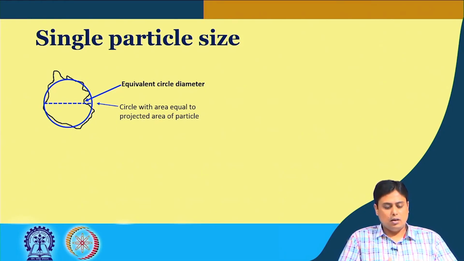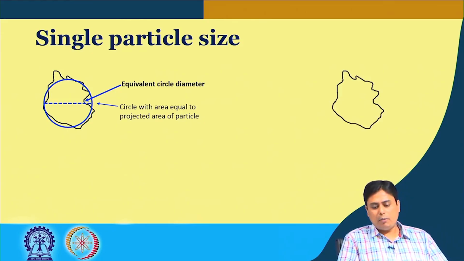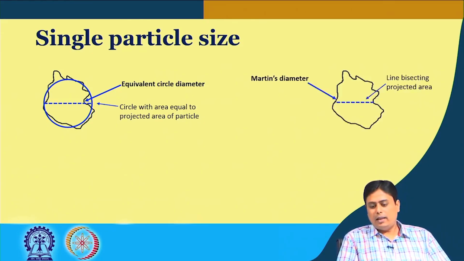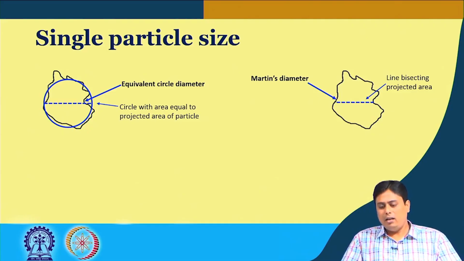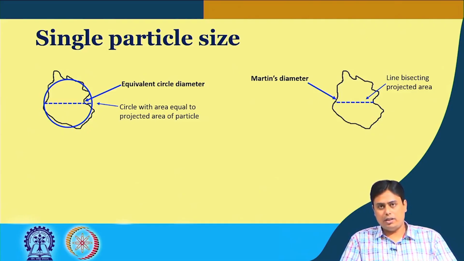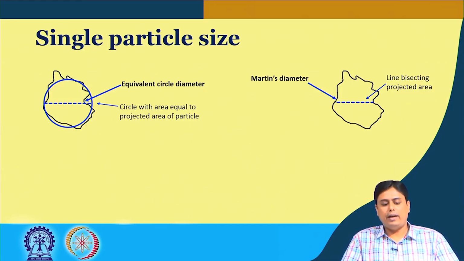So, this will be its equivalent size. The other possibility can be that we draw a line bisecting that projected area, and that dimension would be our diameter, which is typically called the Martin's diameter.